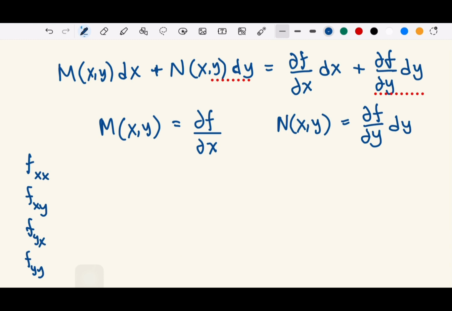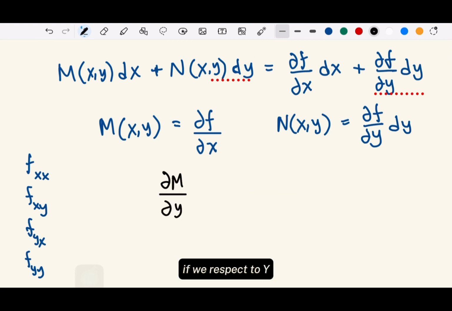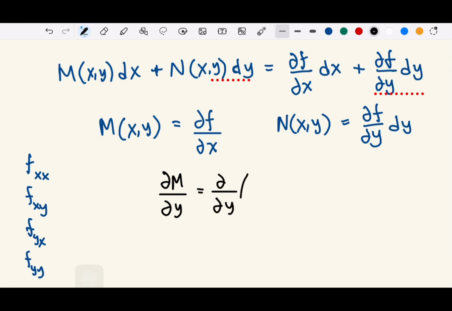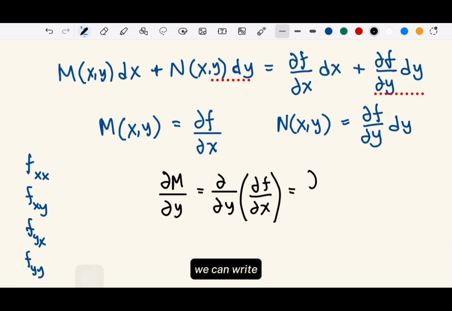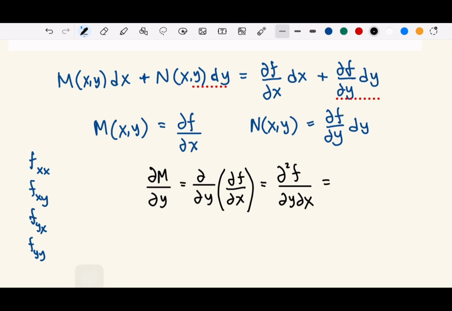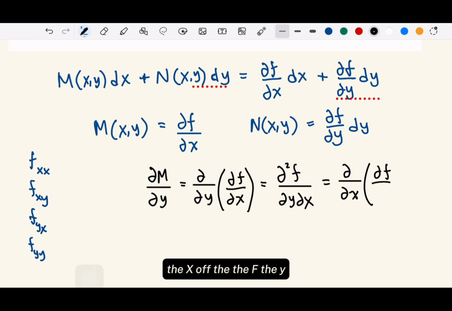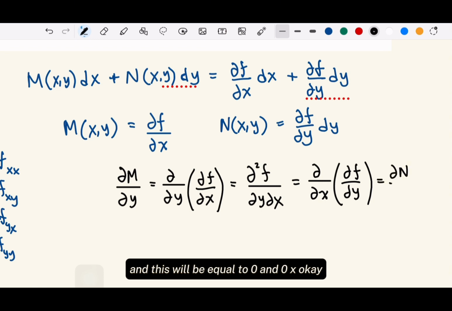So let's write that first. If we take M and take the derivative with respect to y, we get ∂/∂y of ∂f/∂x, and this will be equal to ∂/∂x of ∂f/∂y, and this will be equal to ∂N/∂x.